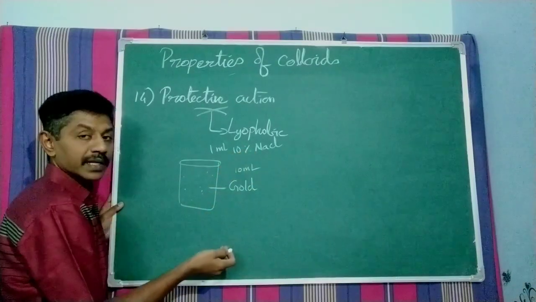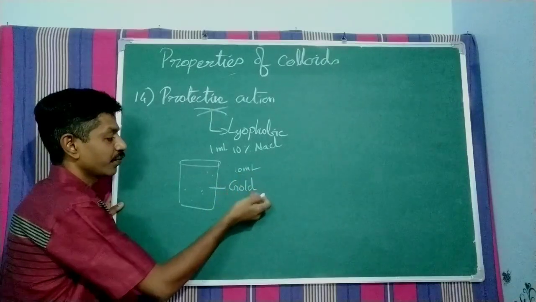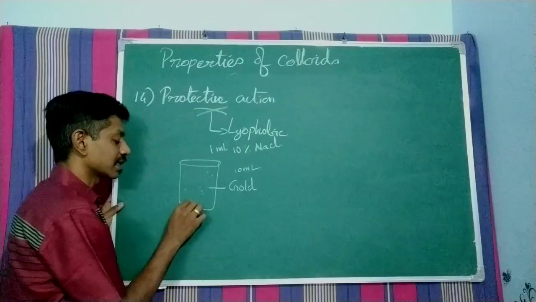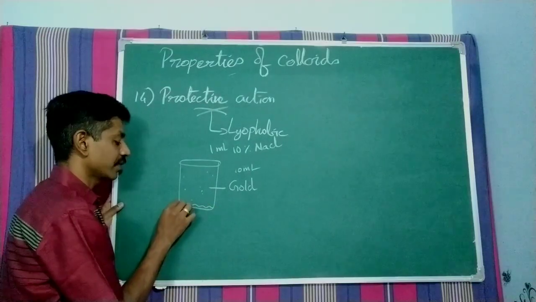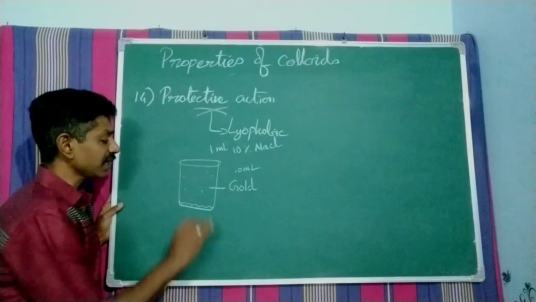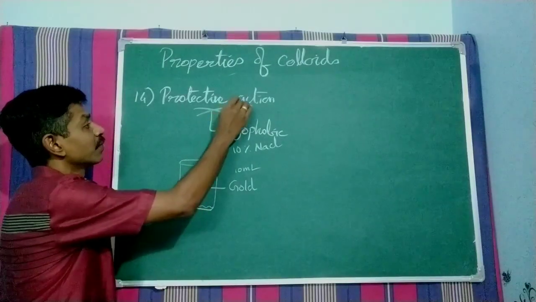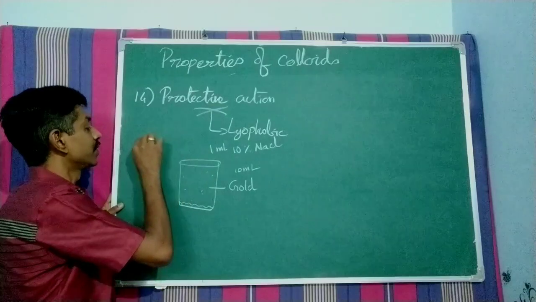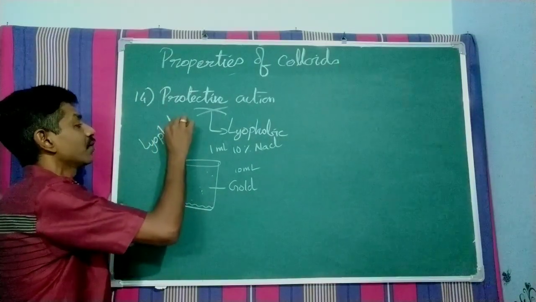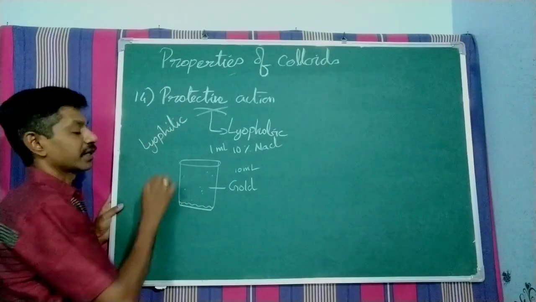Because of the presence of the electrolyte, this lyophobic gold colloid will come down and settle as precipitate because of the coagulation behavior. We want to protect them. For protecting this, we are seeking the help of a lyophilic type of colloid.